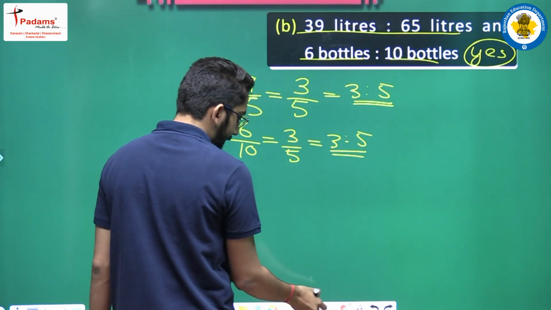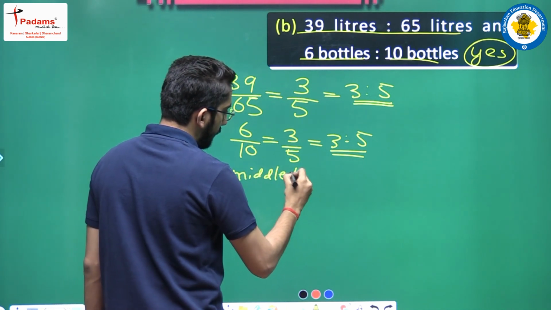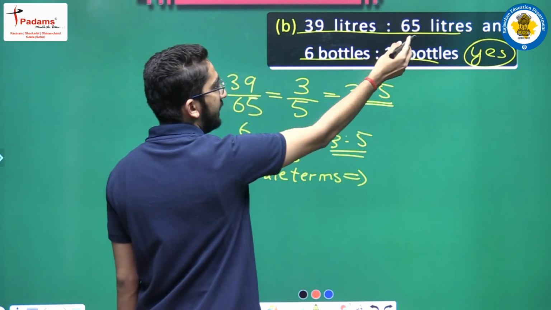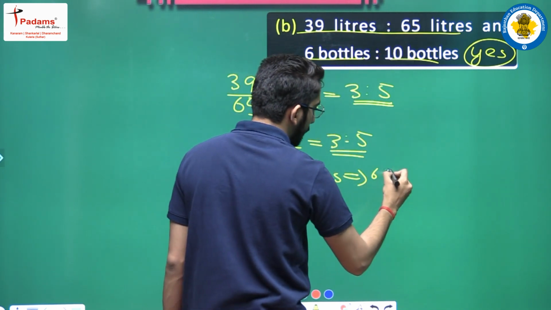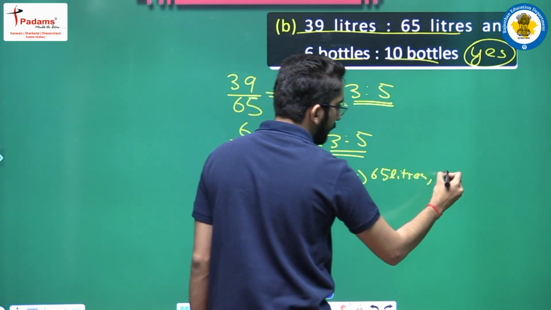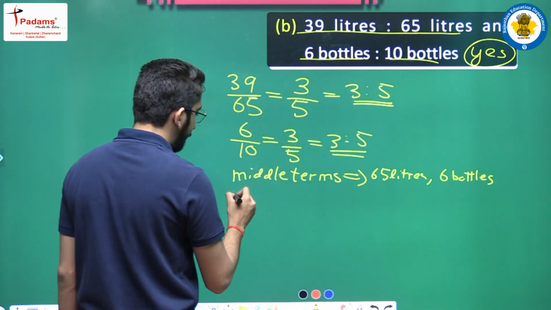So let's write that. First middle terms. Middle terms are 65 liters and 6 bottles. Then extreme terms.